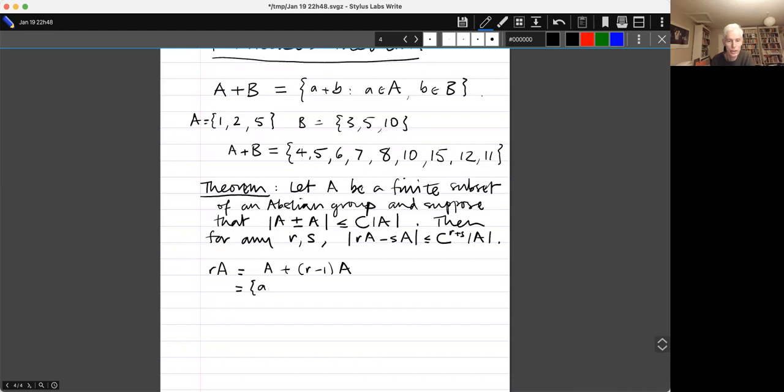It's the set of all A1 plus up to AR such that for all i, Ai belongs to A. So RA minus SA is just what it says. It's the set RA minus the set SA, or explicitly it's the set of all expressions of the form A1 plus up to AR minus AR+1 minus all the way up to minus AR+S.